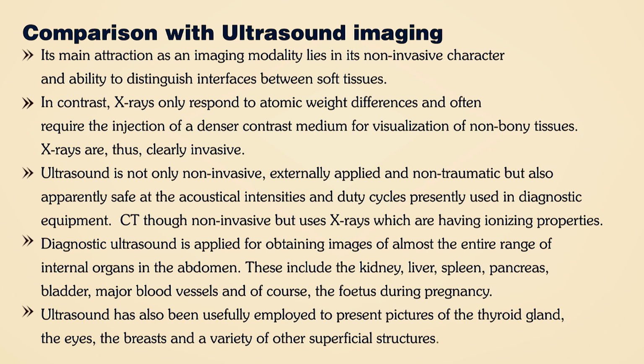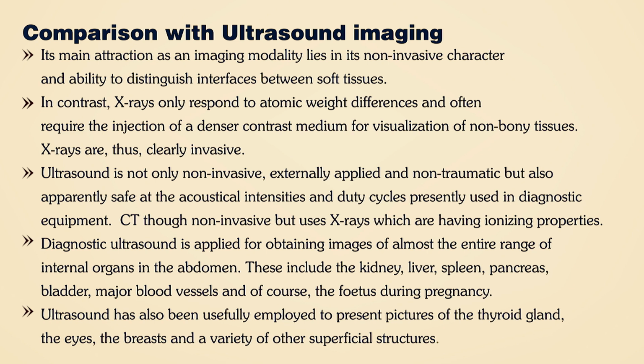Diagnostic ultrasound is applied for obtaining images of almost the entire range of internal organs in the abdomen. These include the kidney, liver, spleen, pancreas, bladder, major blood vessels and of course, the fetus during pregnancy.